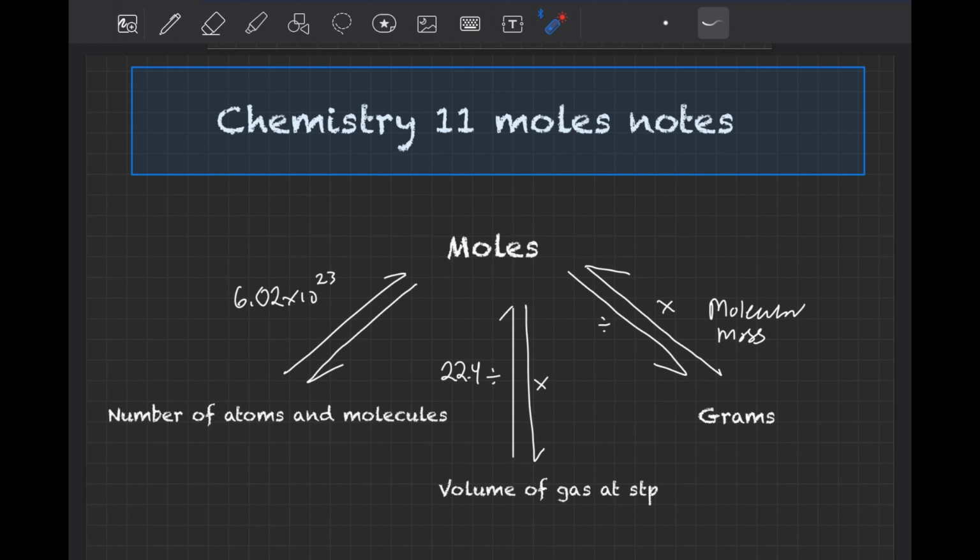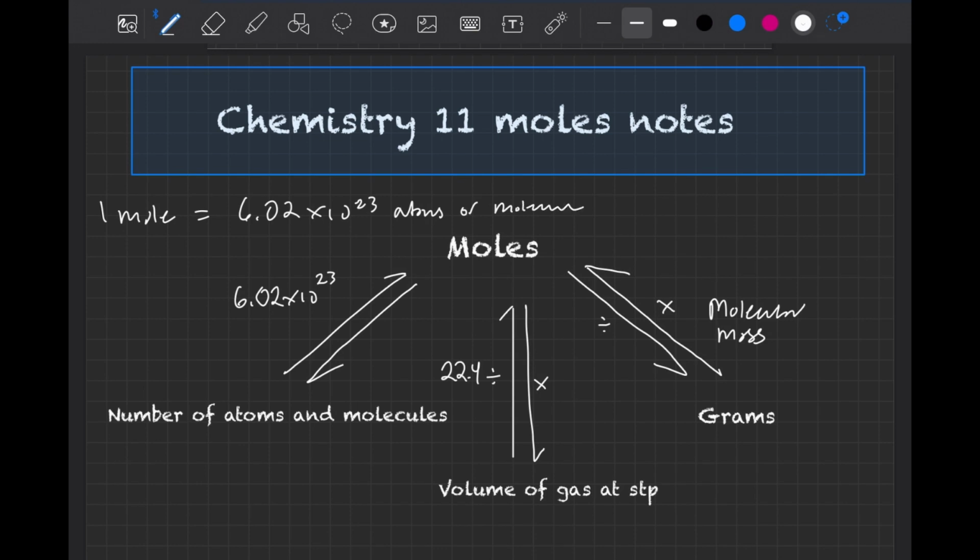So basically 1 mole of something is just a unit of measurement. Like 1 mole is equal to this number of atoms or molecules. So 1 mole is equal to 6.02 times 10 to the 23 atoms or molecules. And this comes from Avogadro's number, who is the scientist who discovered this.